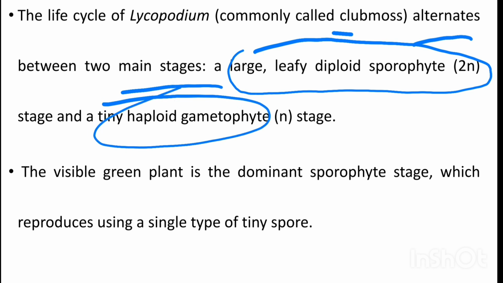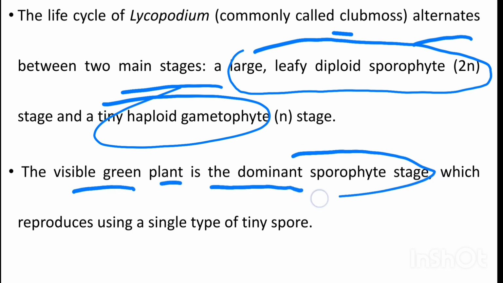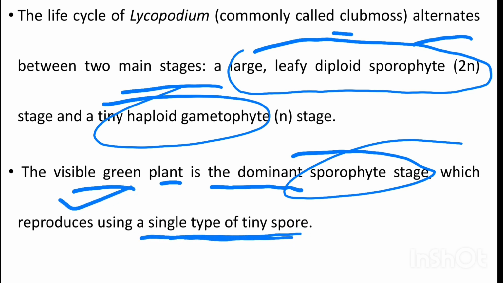The main plant body is sporophytic in nature. The visible green plant is the dominant sporophytic stage, which reproduces using a single type of tiny spores. So the dominant phase of Lycopodium and the whole pteridophyte group is the diploid sporophytic stage.